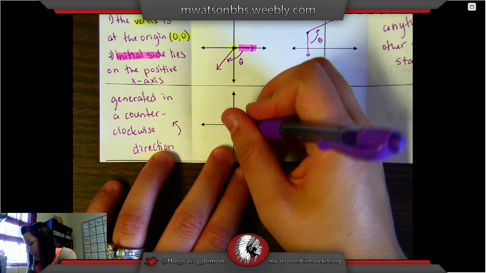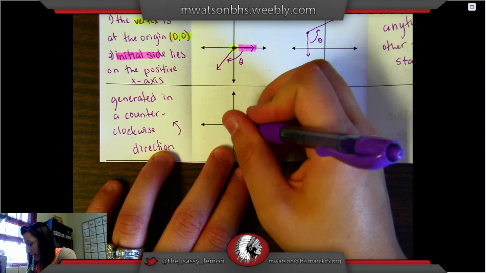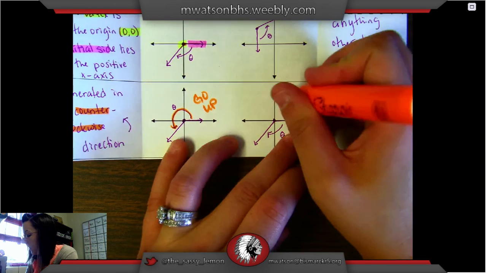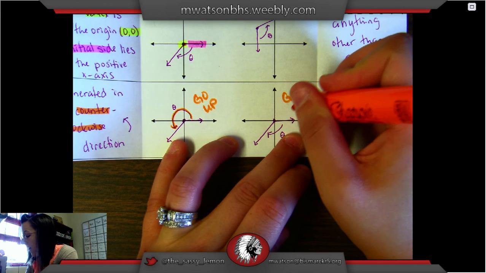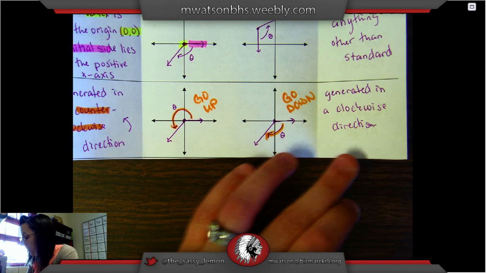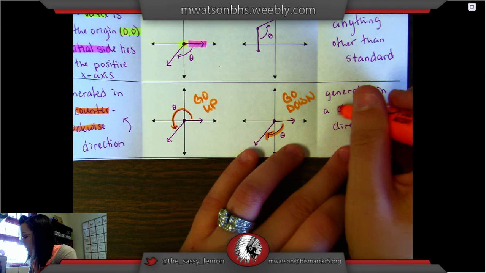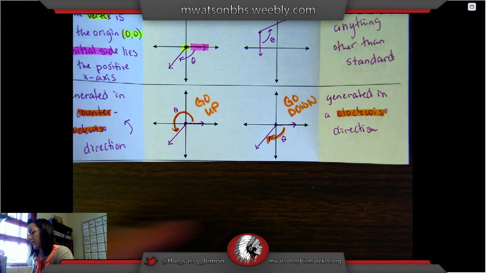The only difference now is it's a negative angle because it's going clockwise. And so here you can notice that you go down from the start, and that's clockwise. And there you have it.